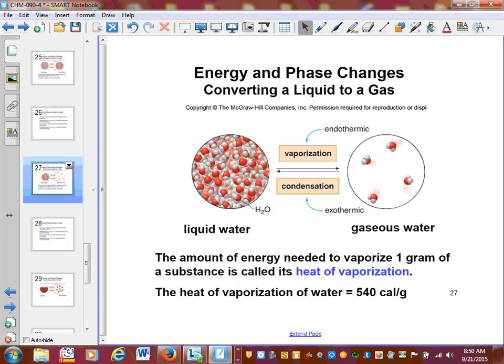Remember, to melt water, it was roughly 79 calories per gram. So it's almost 8 times more to boil water than it is to melt water. So that's why when steam condenses, it gives off a lot of heat.